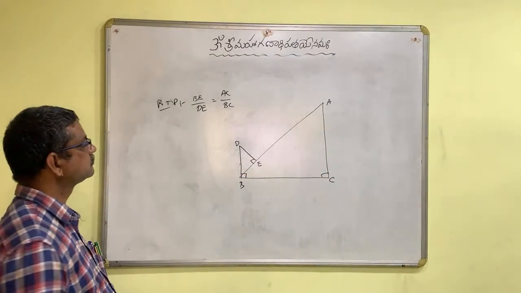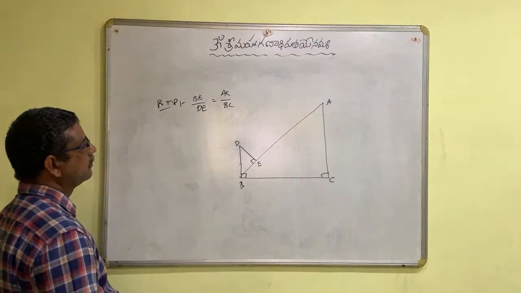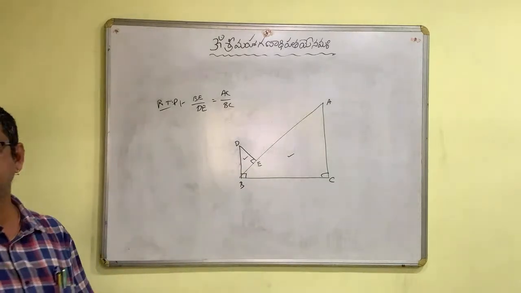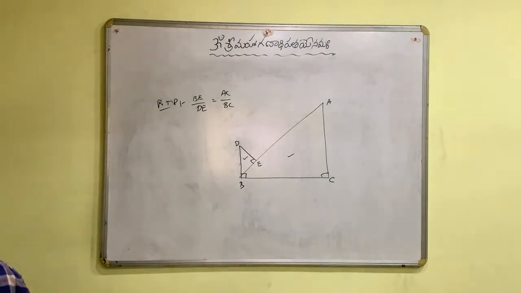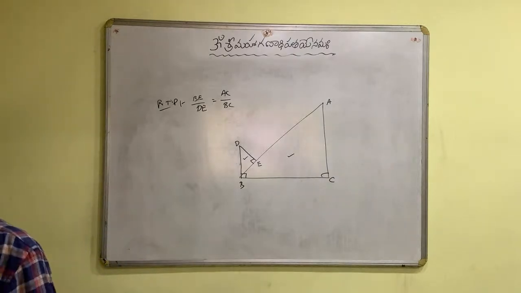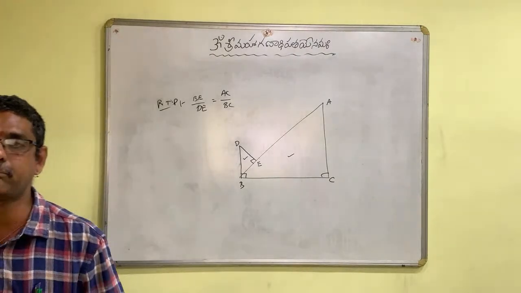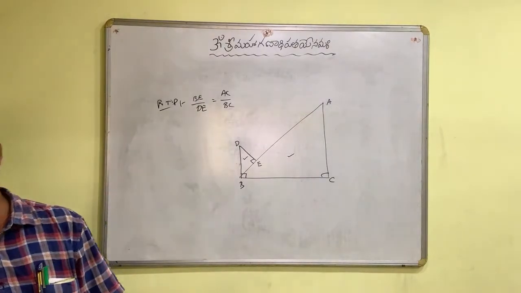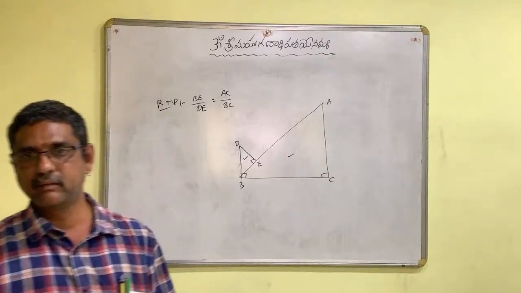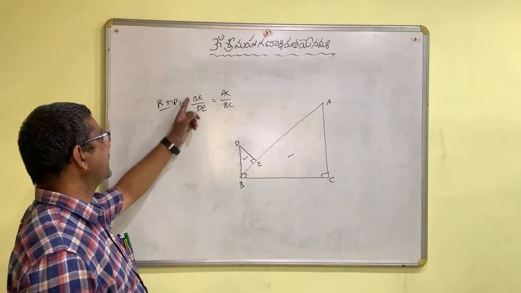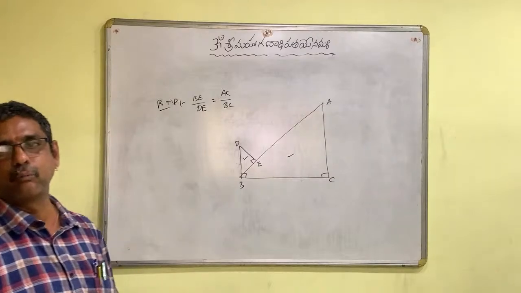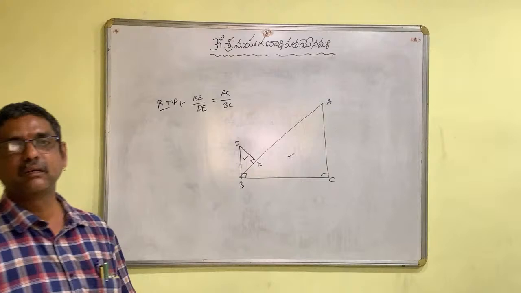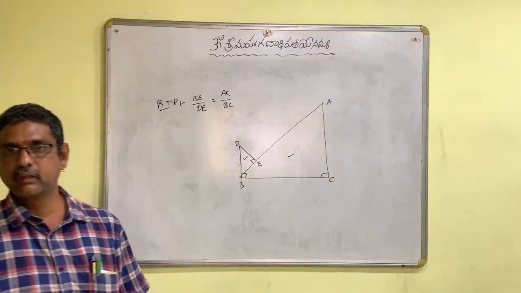Means we need to consider this triangle and this triangle. We need to consider the small triangle as well as the big triangle. And if we prove they are similar, then we can say that these two ratios are equal. That is the idea. Because the four sides in the required to prove portion belong to triangle BDE as well as triangle ABC.